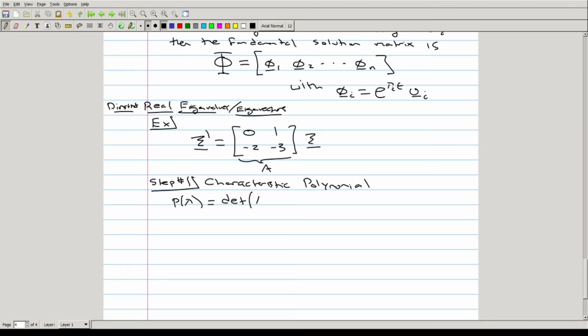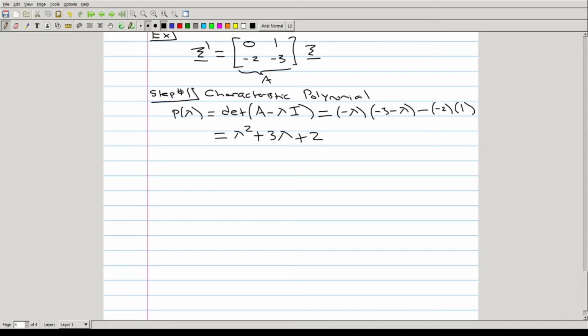It is the determinant of the matrix A minus lambda times I, which will end up being negative lambda times negative 3 minus lambda, minus negative 2 times 1, which will end up being lambda squared plus 3 times lambda plus 2, which factors to lambda plus 1 times lambda plus 2.